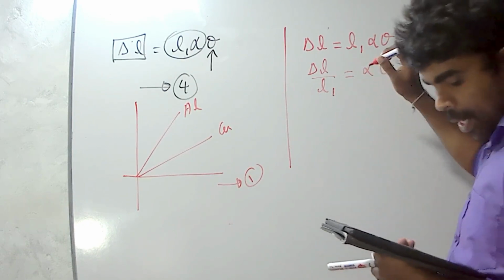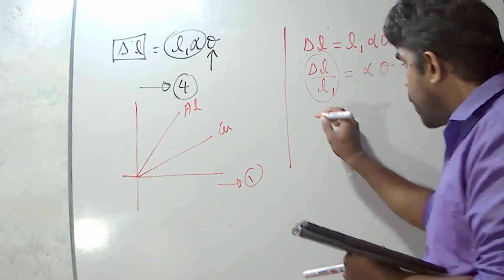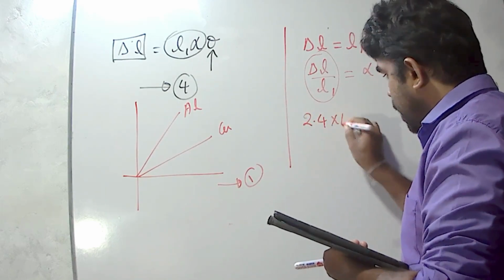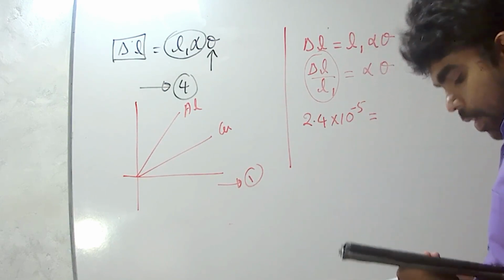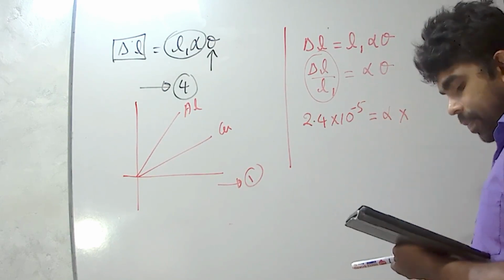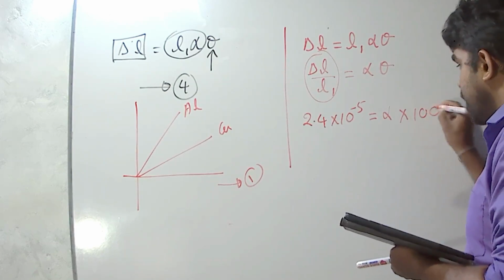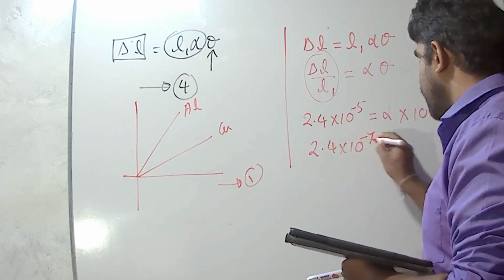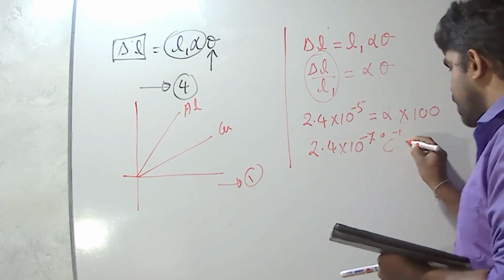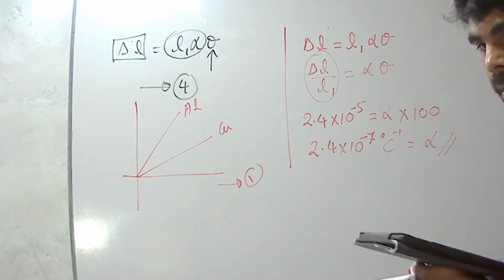Then we can substitute the fractional change in length, given as 2.4 into 10 to the power minus 5. We have to find the linear expansivity. The change of temperature is 100. Then 2.4 into 10 to the power minus 7 per Celsius. It is the alpha value. Then the answer is 5.